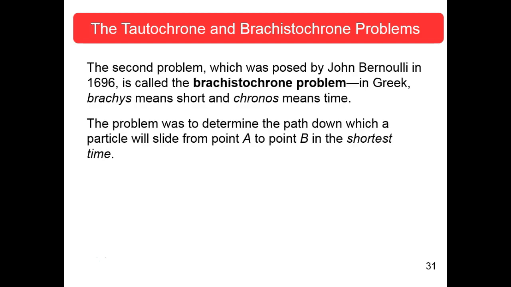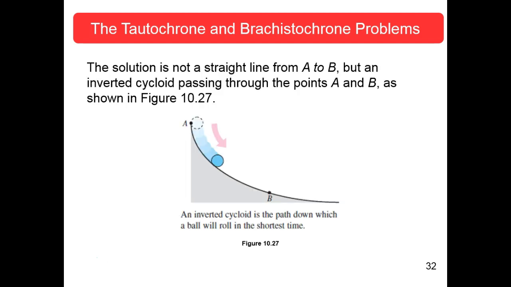And Huygens discovered that. The second problem was posed by John Bernoulli, that's why he showed up, but that was his brother. This is John. In 1696, it's called the brachistochrome problem. In Greek, brachus means short, and chronos means time. So the problem is to determine the path down which a particle will slide from A to B in the shortest time. Okay?